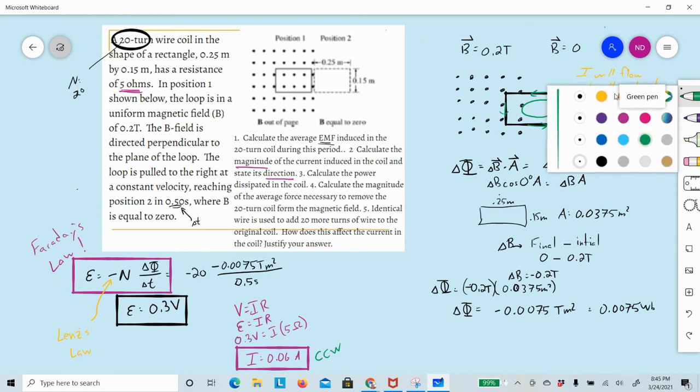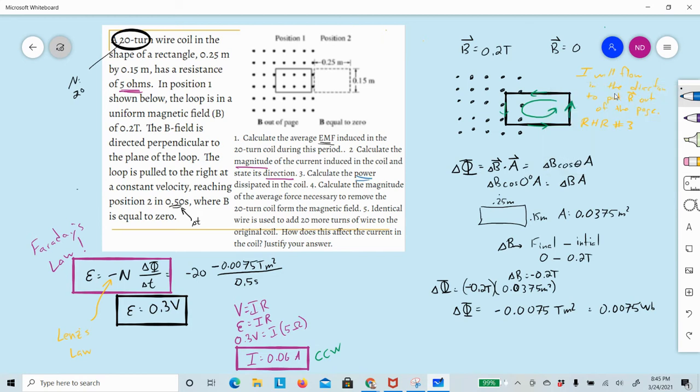Now they have a few more problems for you to go through. Power. Power is easy. This is part 3. Power equals VI. We know the voltage, 0.3 volts. We now know the current, 0.06 amps.